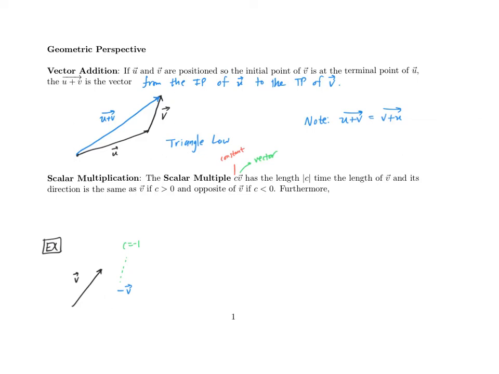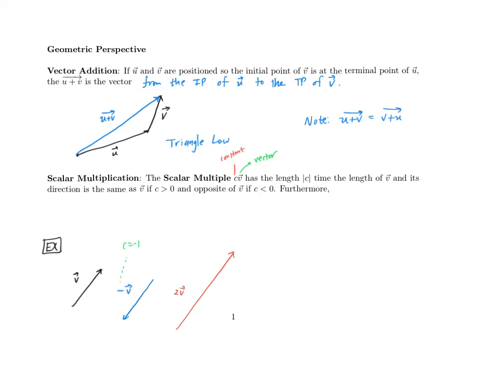So the length is unchanged, but it now just goes in that opposite direction. Then if we wanted to sketch something like, let's say, 2 times v, its length would be twice as long as the length of v, but it would go in that same direction. So hopefully that gives you an idea of how we can think of a scalar multiple from this geometric perspective.